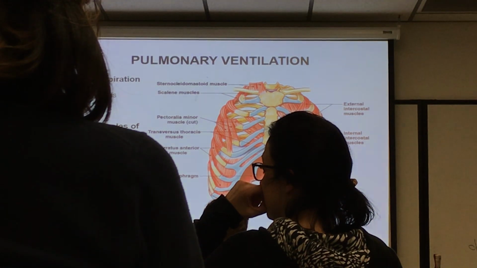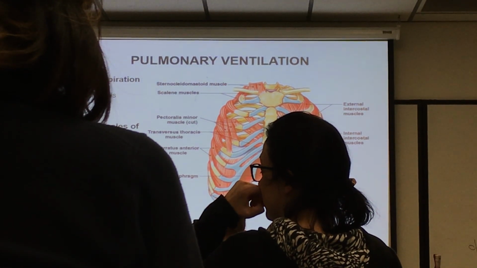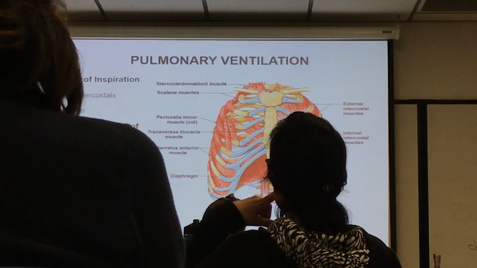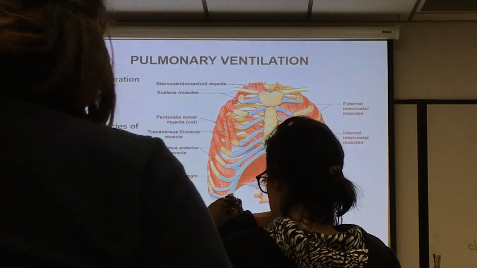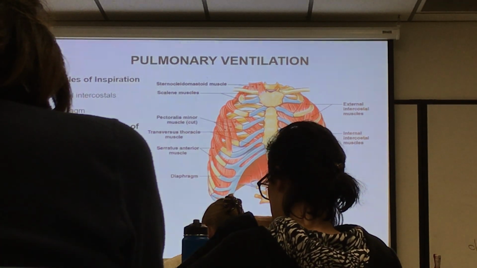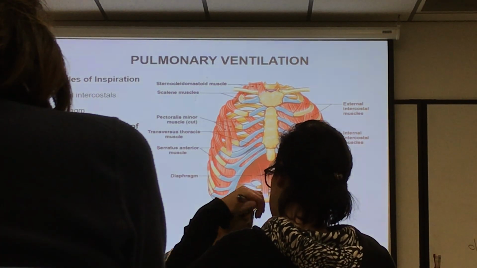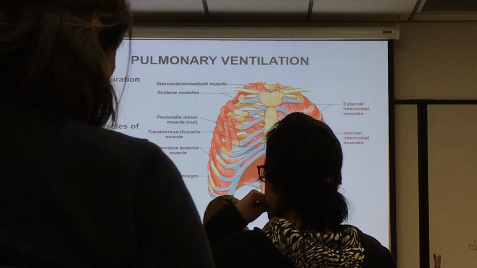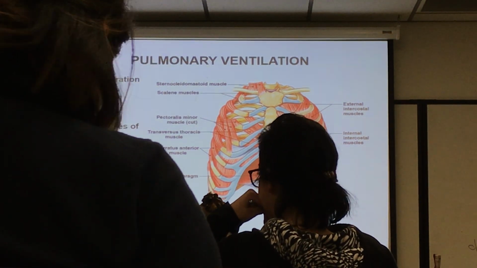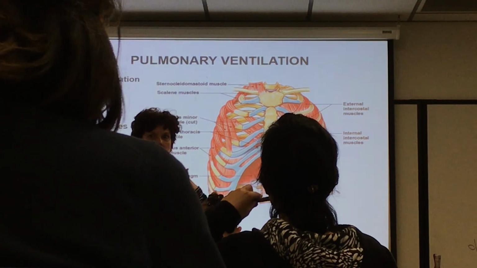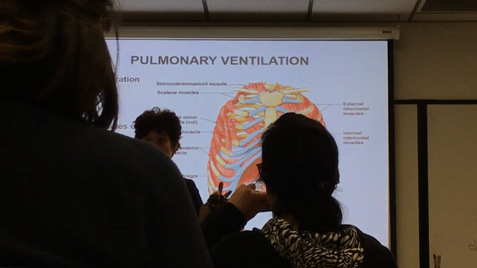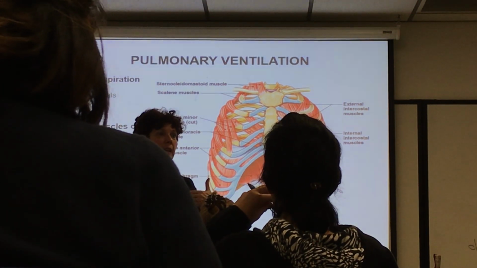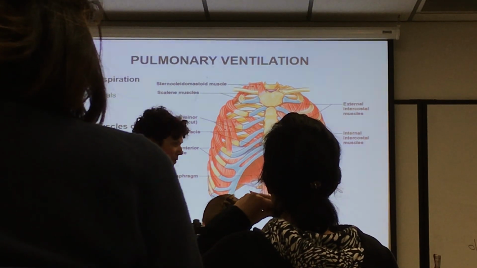Alrighty, so finally, 45 minutes in a class. Pulmonary ventilation. So pulmonary ventilation is moving the air into and out of the lungs. If you were to open your mouth, not contract any muscle, just open your mouth, is there any air moving in and out? No. So to either move air in or out, we need to change pressures.